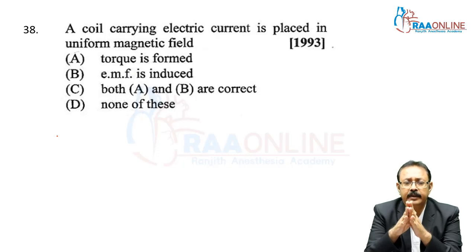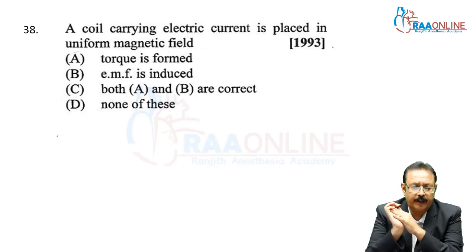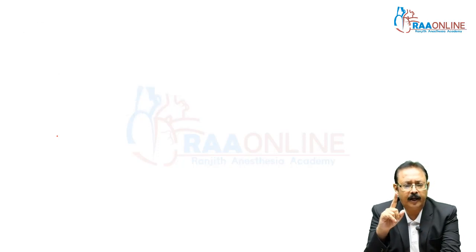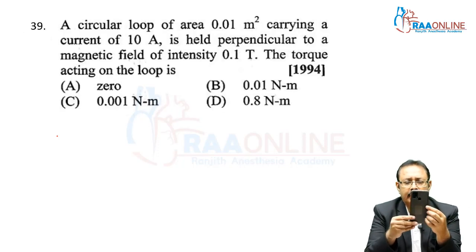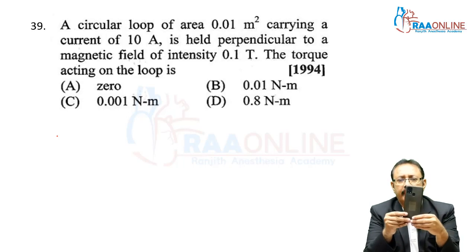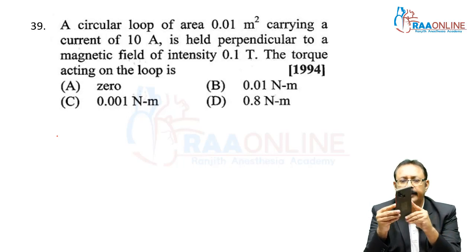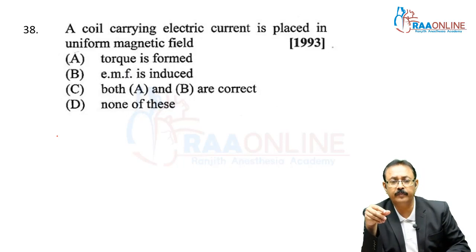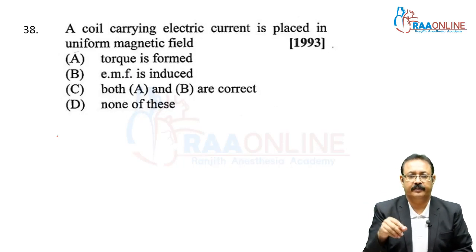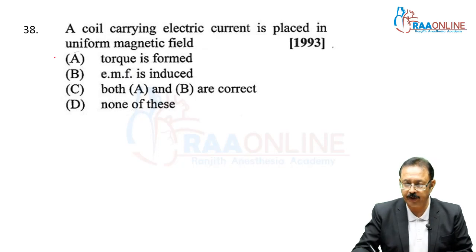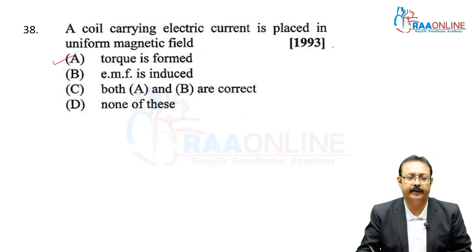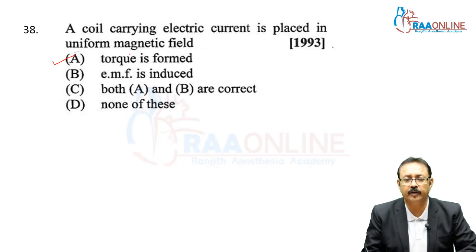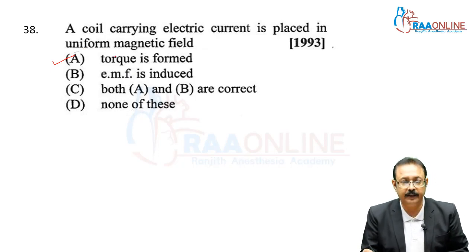If we put this in a uniform magnetic field, the two arms of the coil will experience a force in opposite direction and they will form a torque. So we are going with A. If the field is non-uniform, then we will go for torque and force, otherwise only torque.